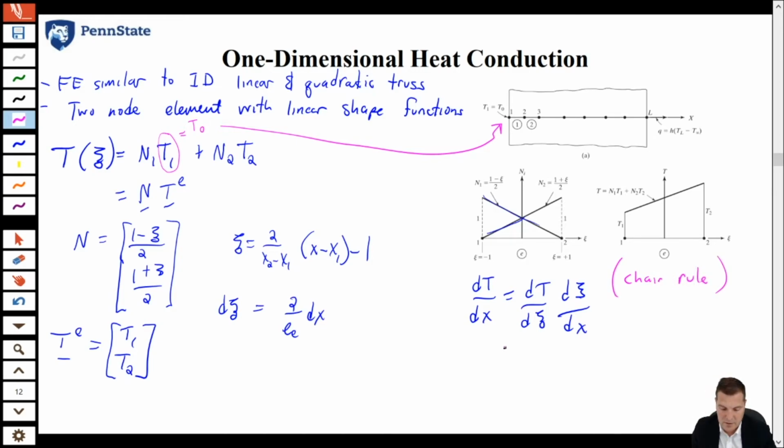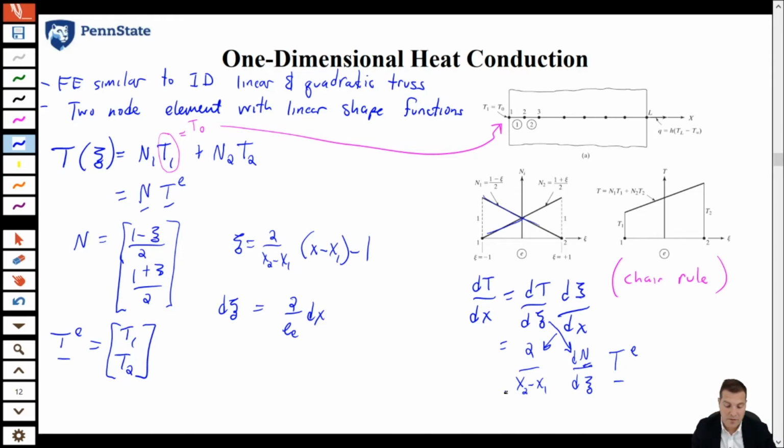So then we can substitute in our d psi dx is equal to 2 over x2 minus x1. And it's going to be dT d psi, so we substitute in our T of psi over there, and we have dN d psi times T sub e. That went there, okay, and that went there.